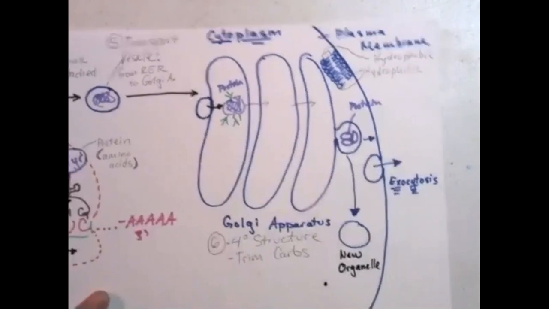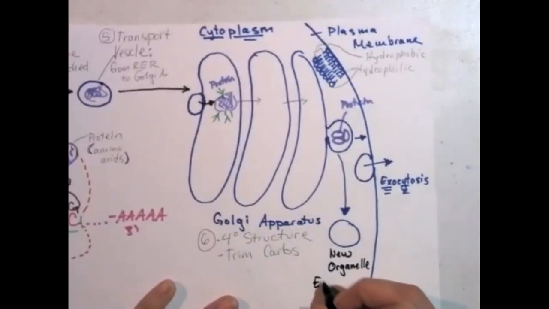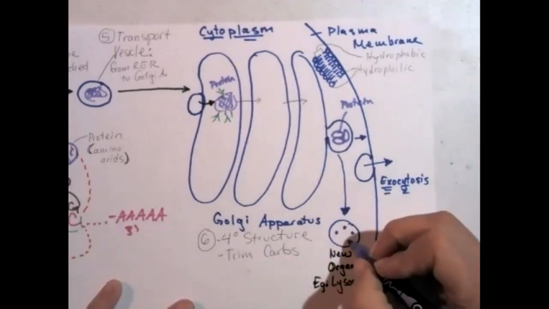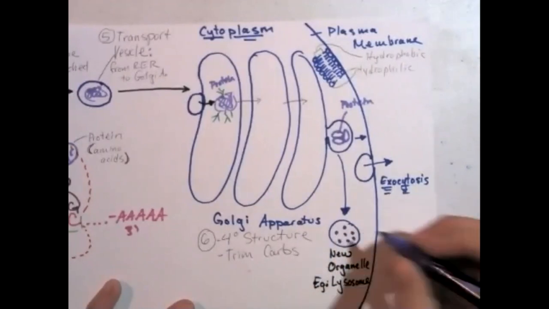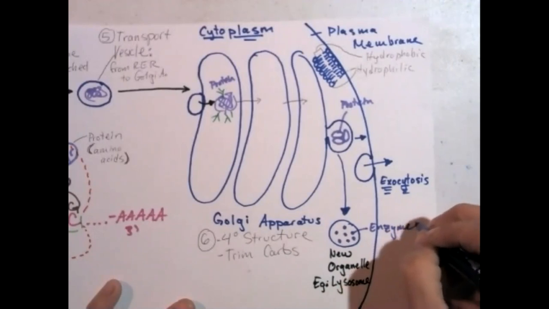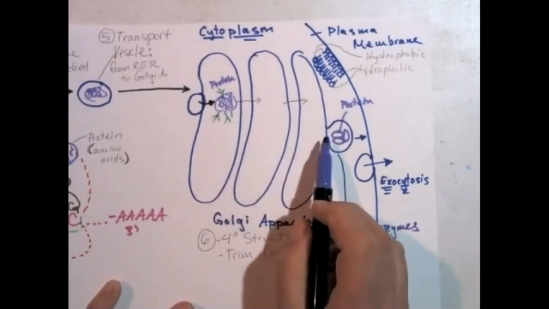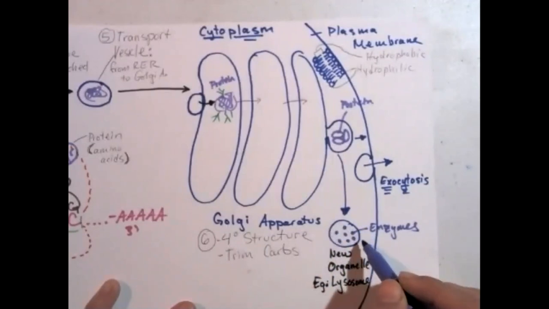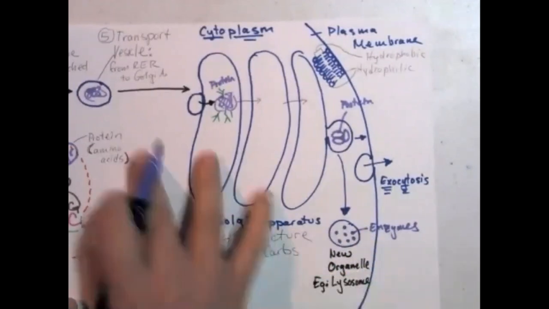For example, this can become what is called a lysosome. If that is the case, inside this lysosome, there are a series of enzymes. So if the protein that we've been working on was an enzyme, maybe it will be packaged up into a lysosome and stay in the cell to be functional.